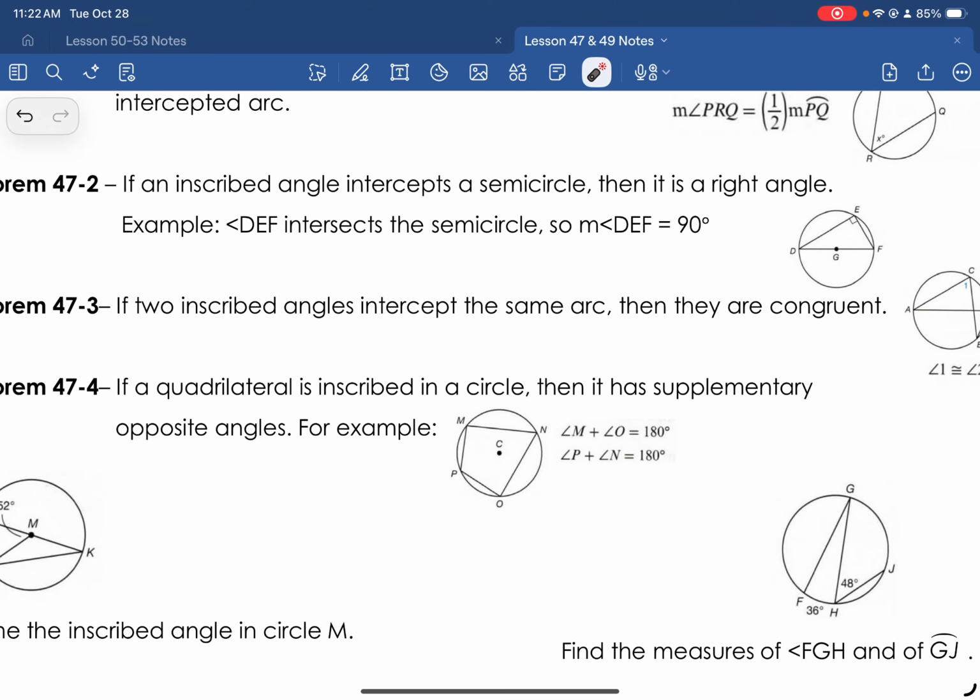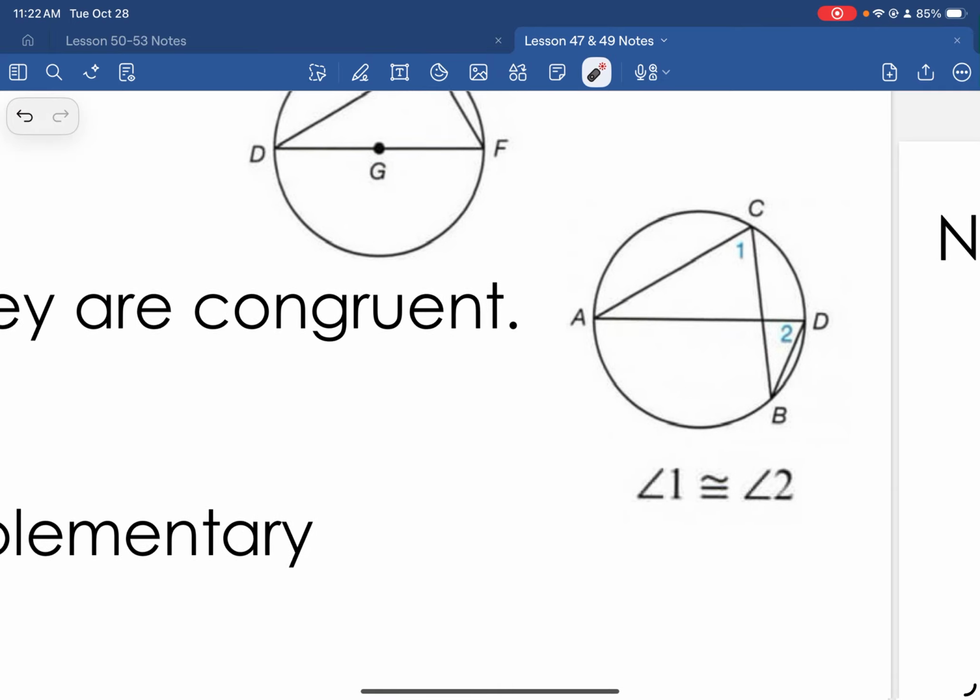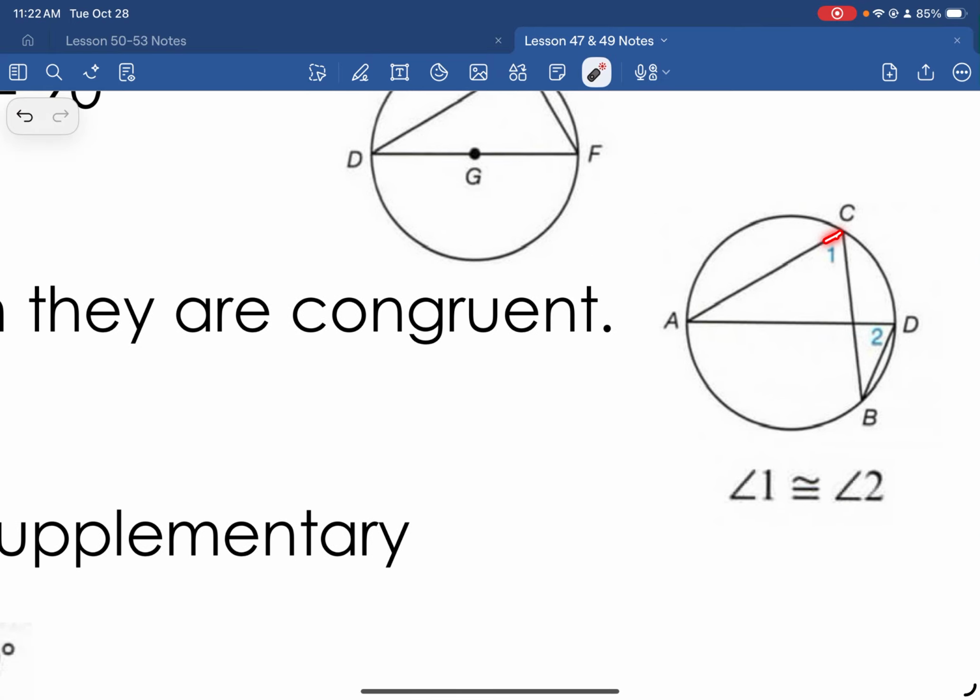Next theorem, 47.3, if two inscribed angles intercept the same arc, then they are congruent. This also makes sense. Look at this diagram over here. I want you to only picture this inscribed angle here. Do you see its arc, AB, right? Well, now I want you to picture only this inscribed angle here.